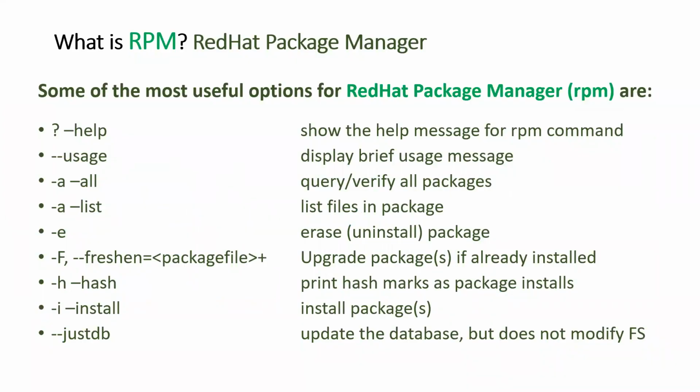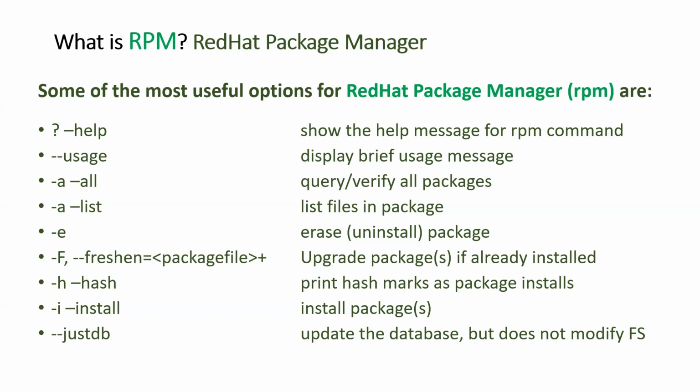RPM stands for Red Hat Package Manager, and it's a Red Hat kind of package manager, not like the Ubuntu distribution. Ubuntu has something similar to RPM, but it supports RPM as well, but Ubuntu has apt-get, apt-cache, all of those, apt install. You could do a lot of things with apt, application package toolkit, that's what apt stands for. But we're discussing here RPM, which is the Red Hat Package Manager.